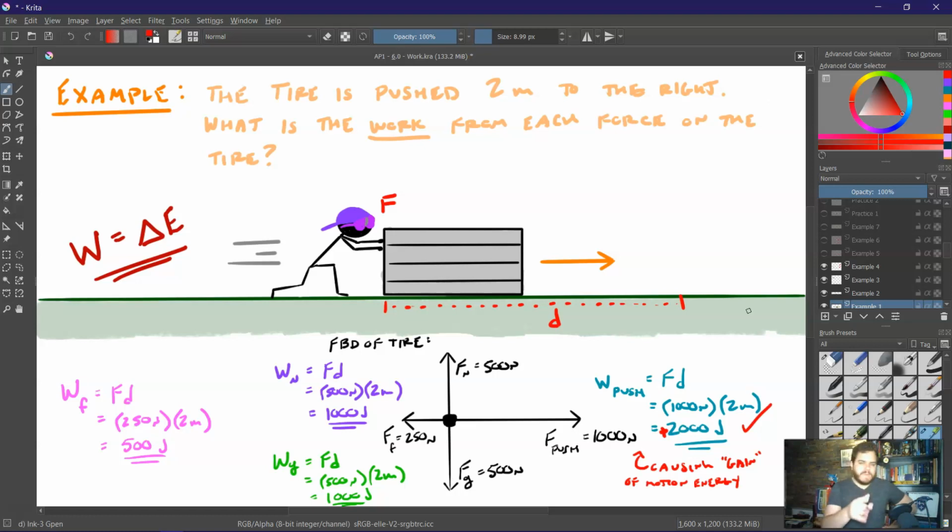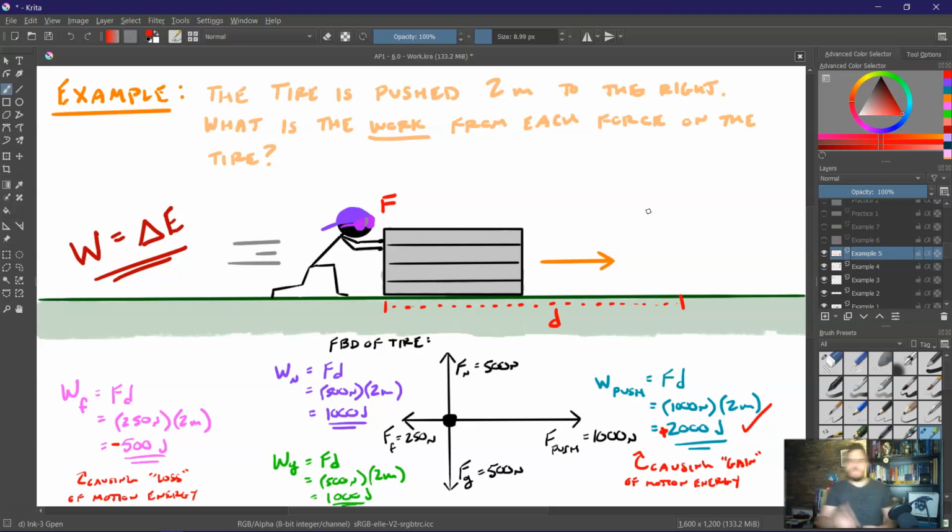Perfect. But what about the friction? If we look at the friction, is the friction giving the tire motion energy? Well, no. It's actually causing the tire to slow down, or causing it to have to work harder to gain motion energy. So the work due to friction is actually a negative value, because it's actually causing a loss of motion energy. So the delta E would be minus, so the work is also negative.